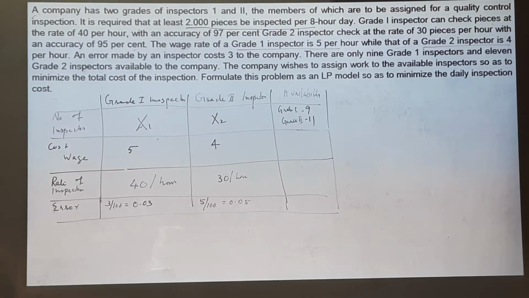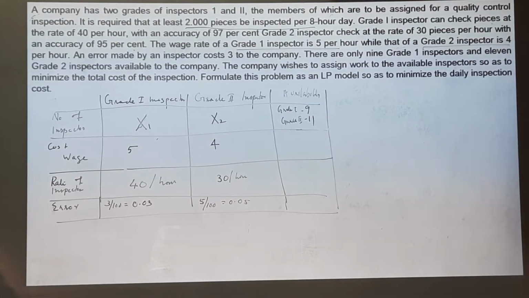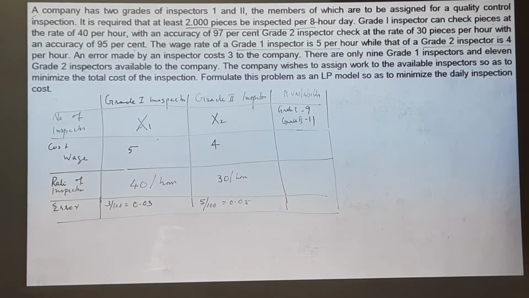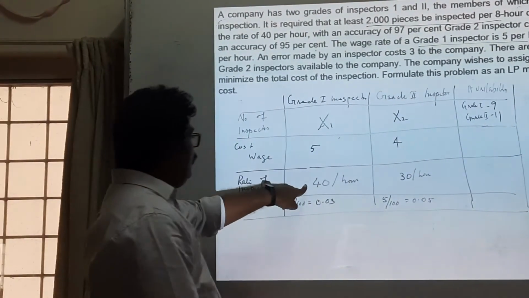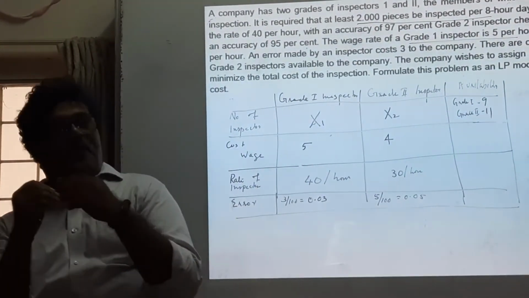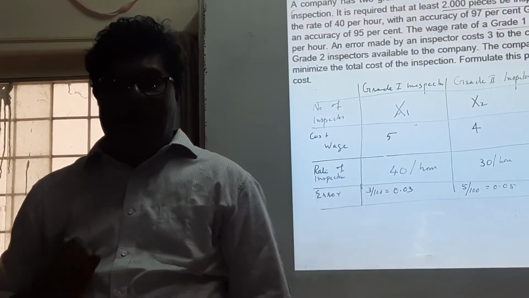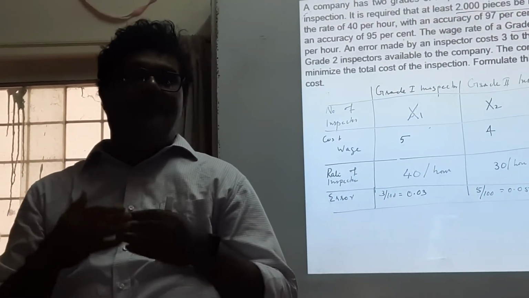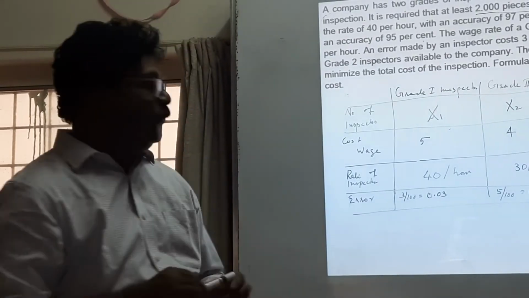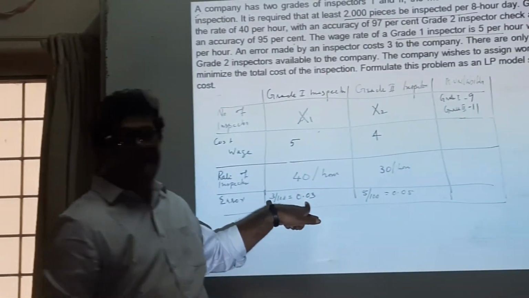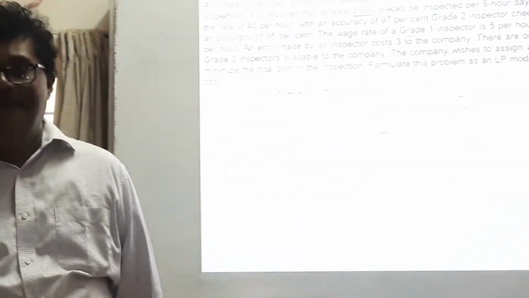Now next is the total error per hour. The rate of inspection is the number of units checked in 1 hour, which is 40. What will be the mistake? That will be the defective items allowed to go through: 40 multiplied by the error rate.